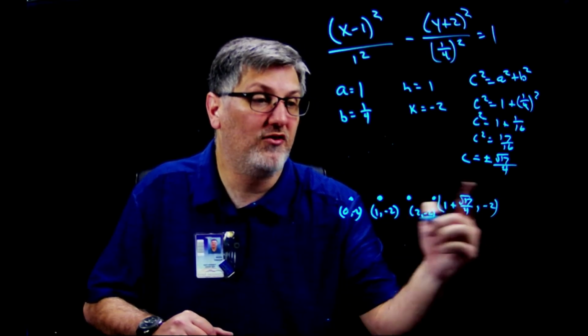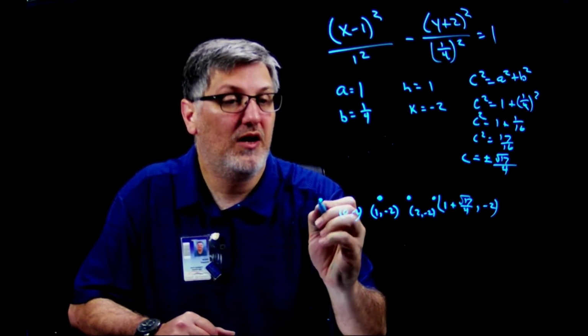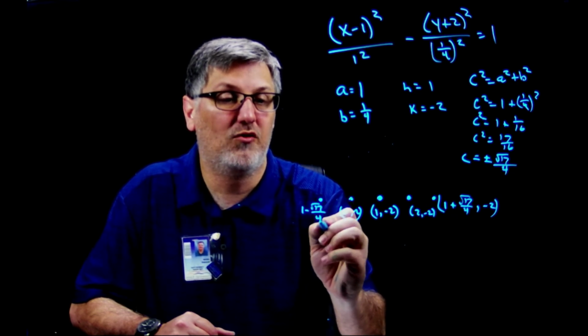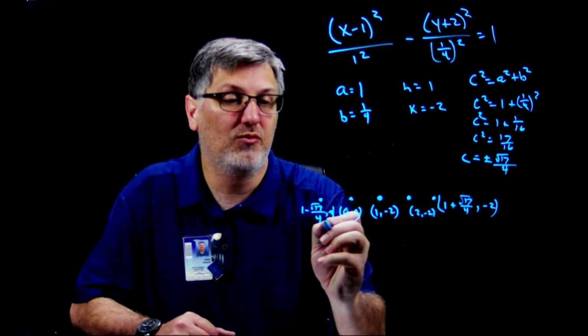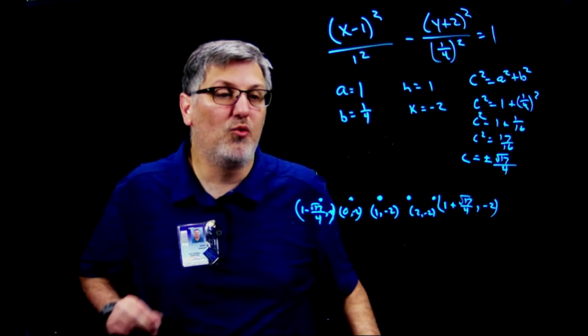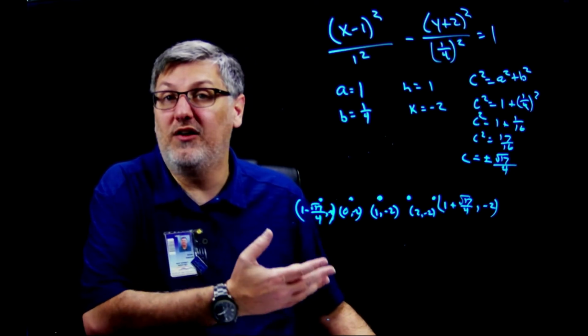All of my y values, because this is horizontal, are going to be the same. Then I want to do the same trick over here. I want to subtract: 1 minus the square root of 17 over 4, comma -2. They will get messy as you label them. I'm okay with that.